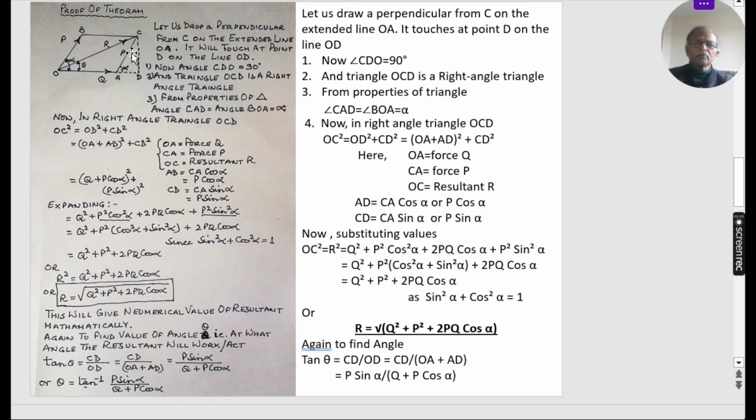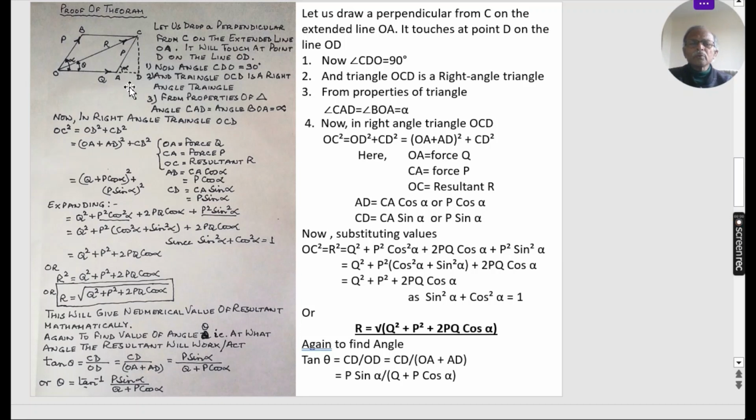Got it? Now, coming back to the properties of triangle, we say hypotenuse OC square will be equal to OD square plus CD square. Now, OD we don't know because force Q is represented by the line OA.